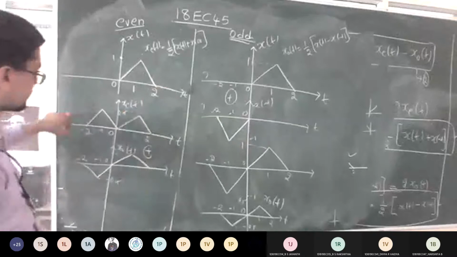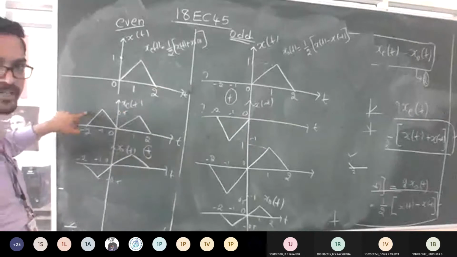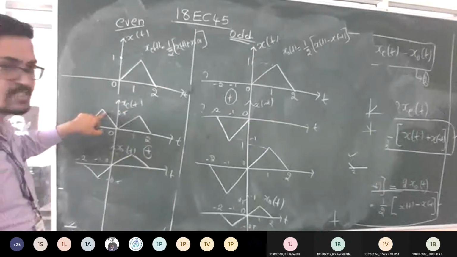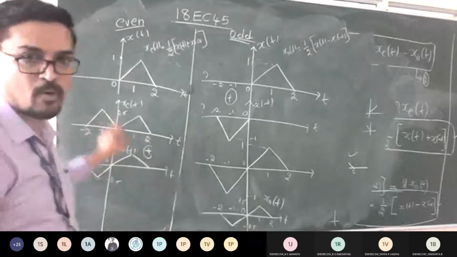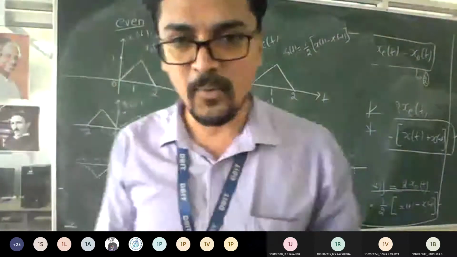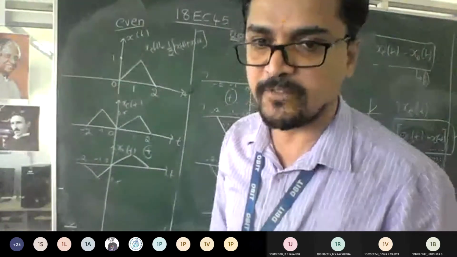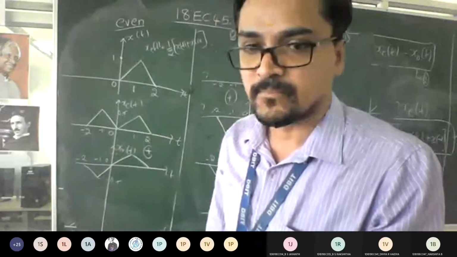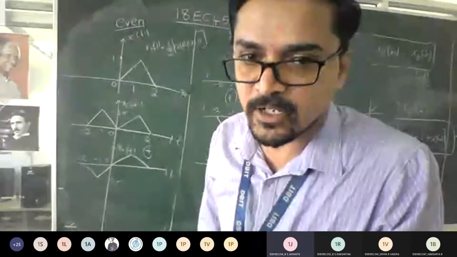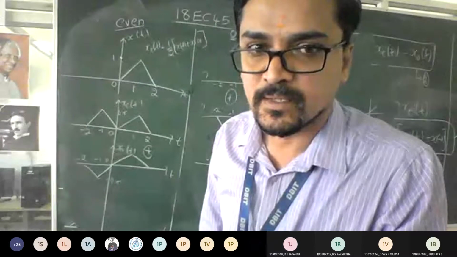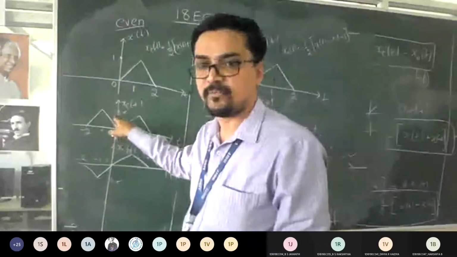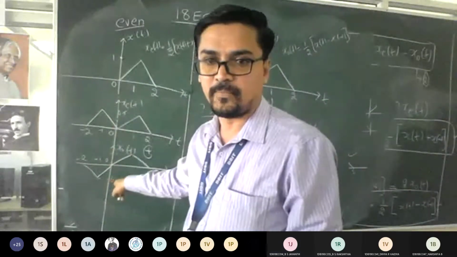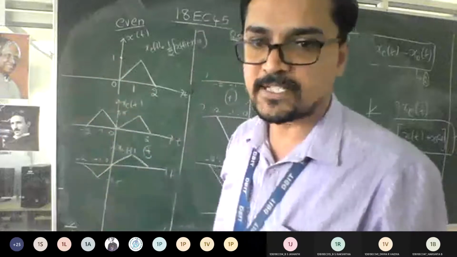Just look at this now. On the left hand side I should do addition, right? This signal is there, and this signal is there. Both signals have opposite amplitude, +0.5 and -0.5, so they cancel. You're adding, right? It's like 0.5 plus minus 0.5.